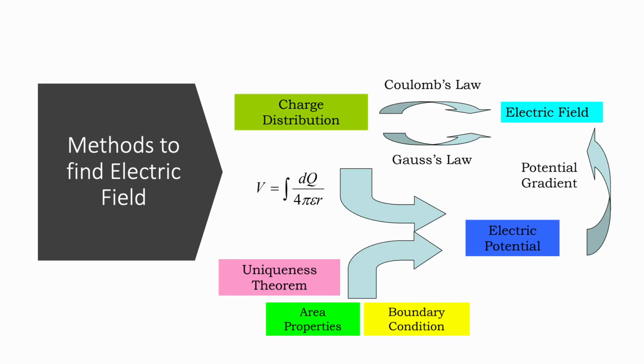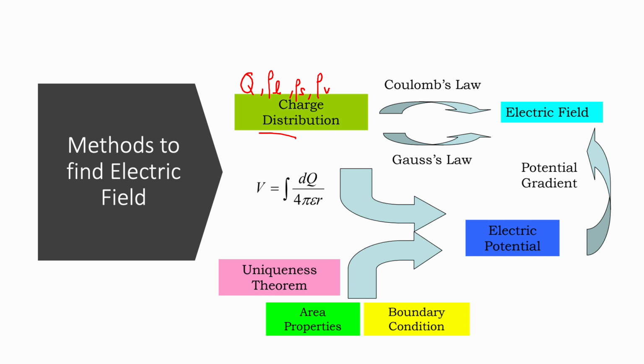If you look at this slide, this is a brief summary of what we have learned previously: methods to find the electric field, where you have been given a charge distribution. There are 4 types of charge distribution: it can be a point charge, line charge, surface charge, or volume charge.